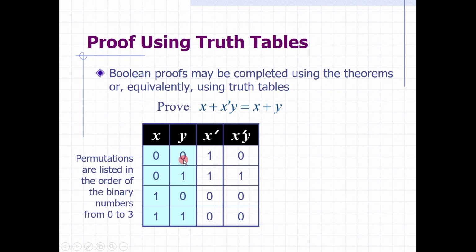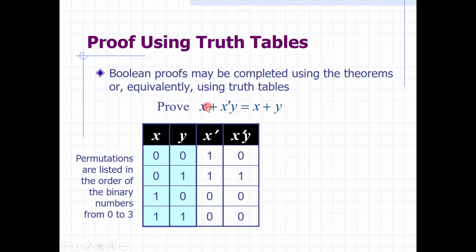To do that, we have false and true is false, true and true is true, false and false is false, true and false is false. So we just use our rules for AND here to create this column.